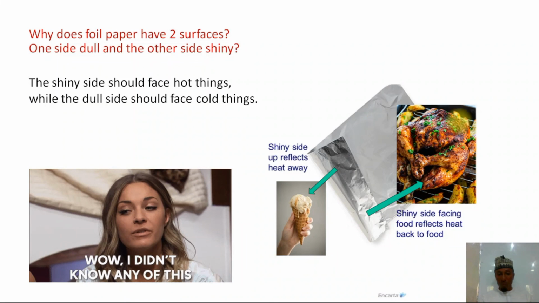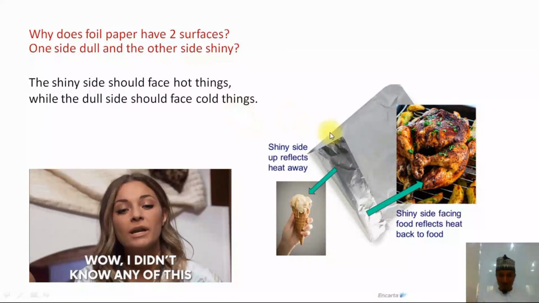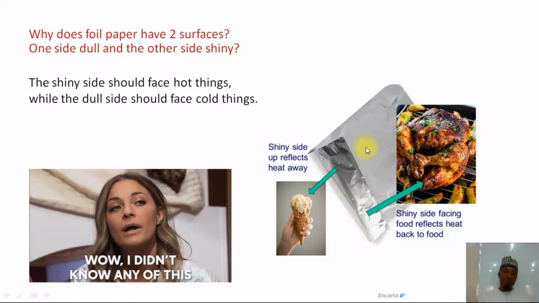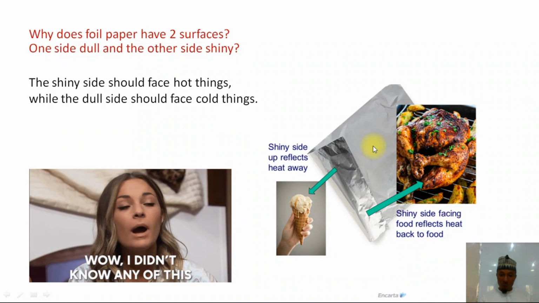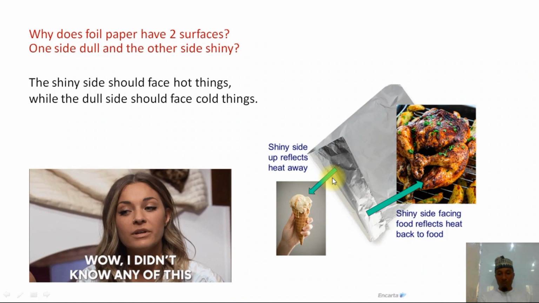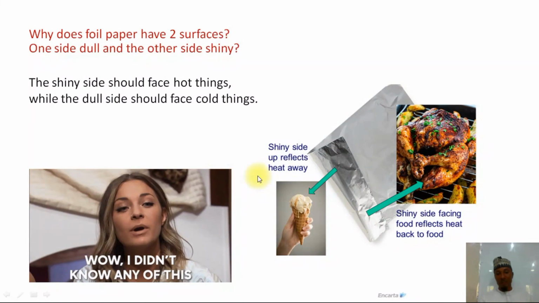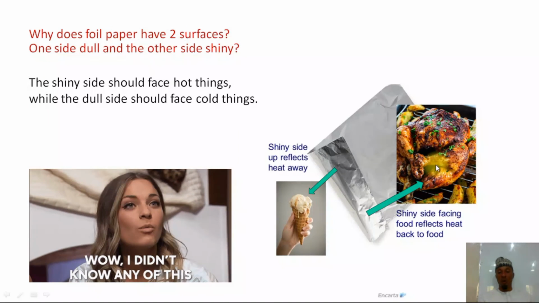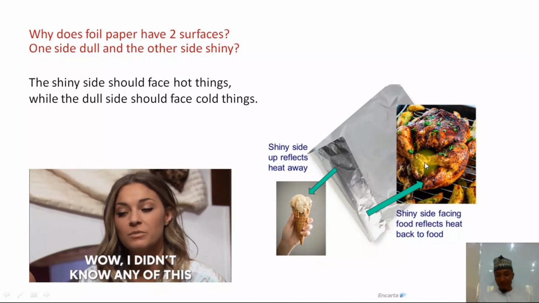Of course, we will need to use the matte, the rough surface here, or the dull surface, to cover the ice cream, because we don't want heat to be absorbed by it, right? So the shiny surface will be outside to reflect the heat away. But for our food here, we will use the shiny surface inside, because we don't want the heat from our food to go off, so it will be reflected back to the food, isn't it?